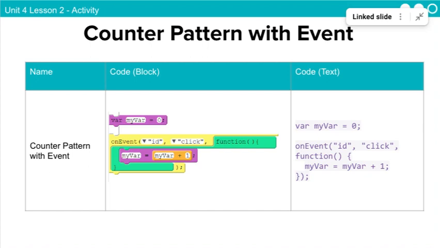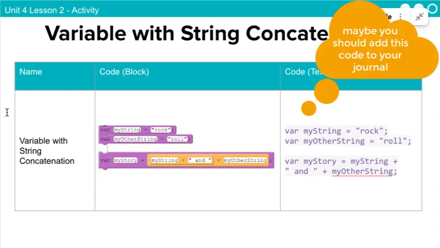Now, the variable with string concatenation. So a string, again, letters, could be numbers, but a string is a specific data type.